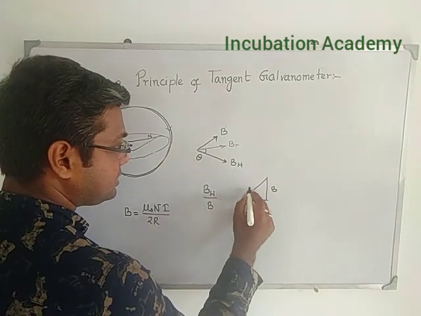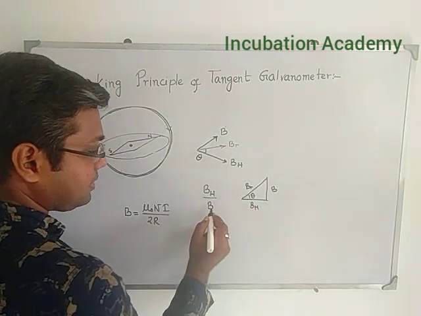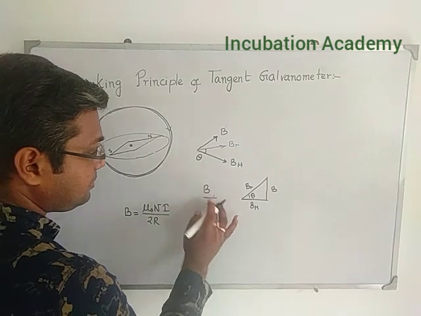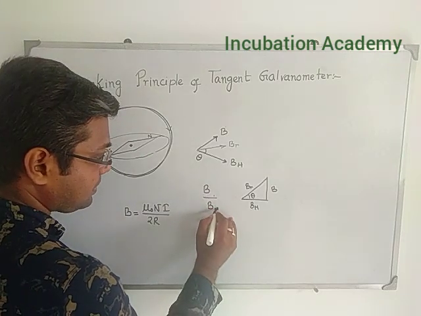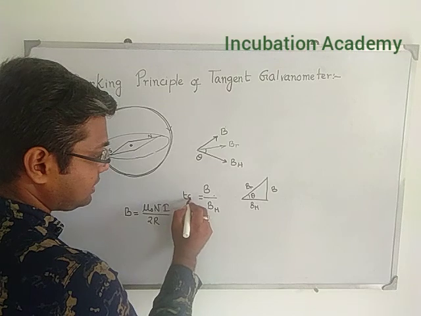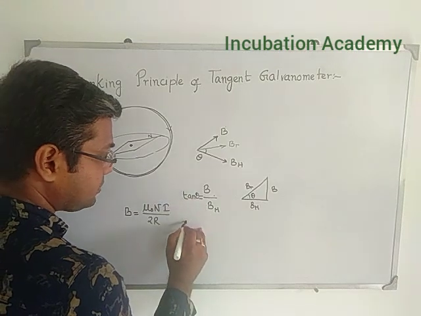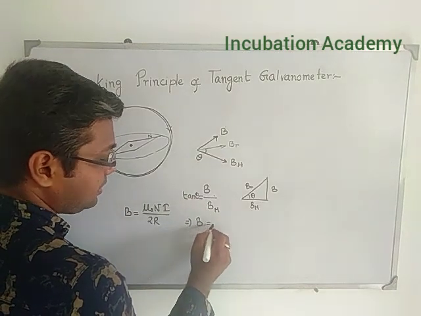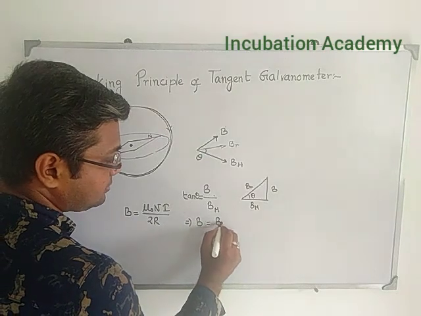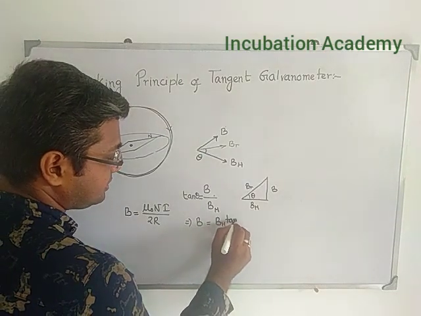This is the angle theta and this will be BR, the resultant. So B by BH is equal to tan theta. So very simply, B will be equal to BH tan theta.